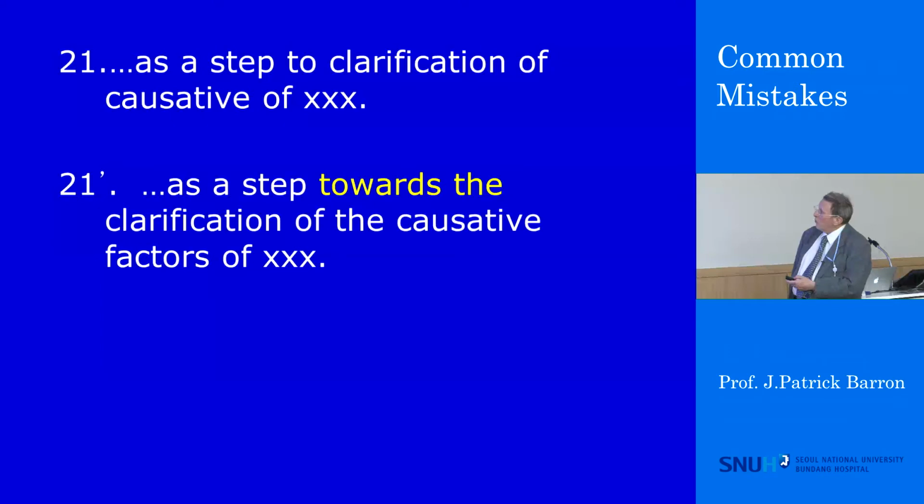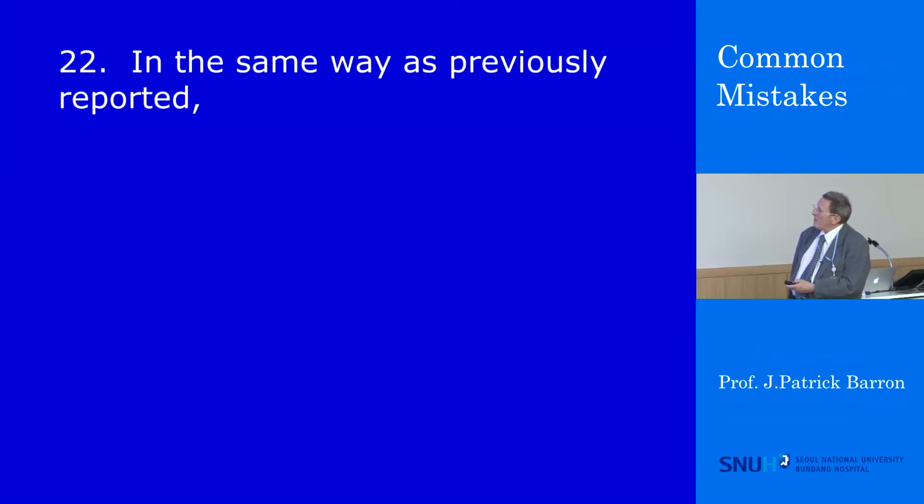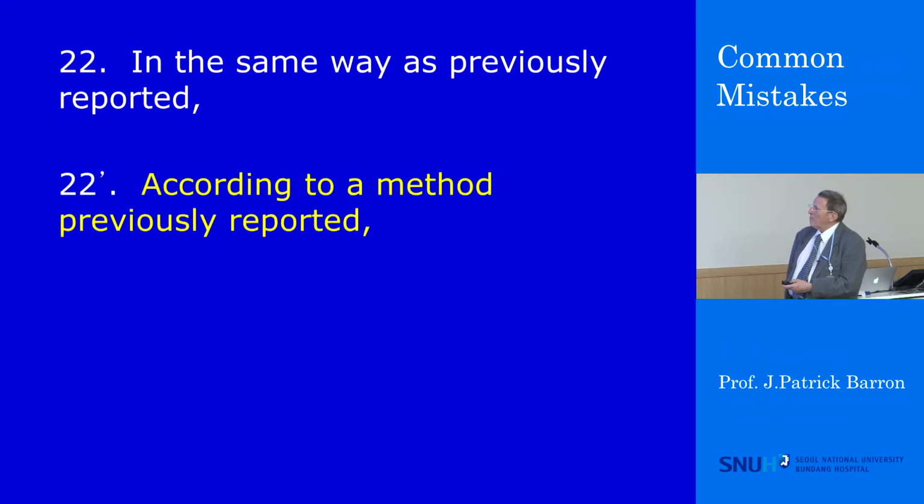As a step towards the clarification of. Step to clarification is a little too abrupt, towards the clarification of. In the same way as previously reported becomes according to a method previously reported, or according to a previously reported method. Either is okay.